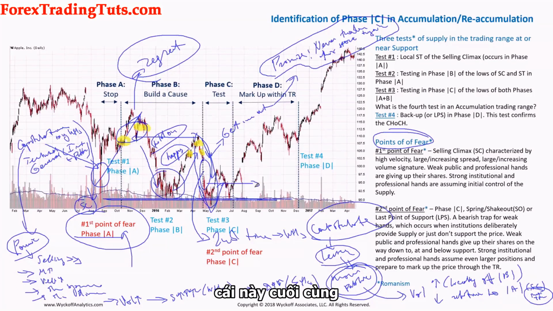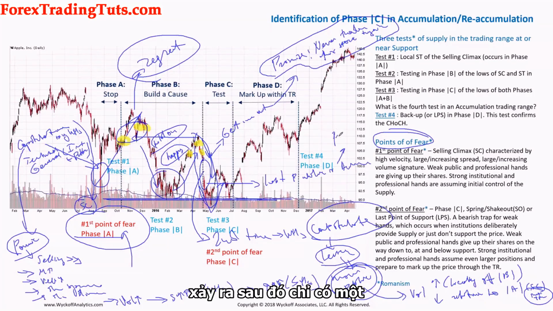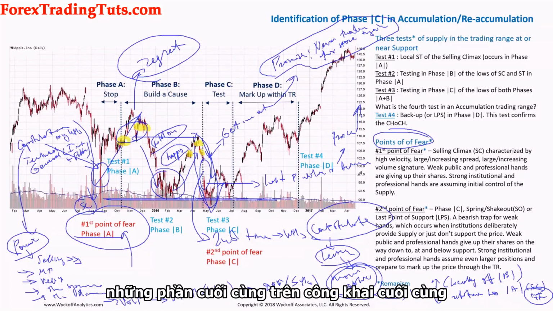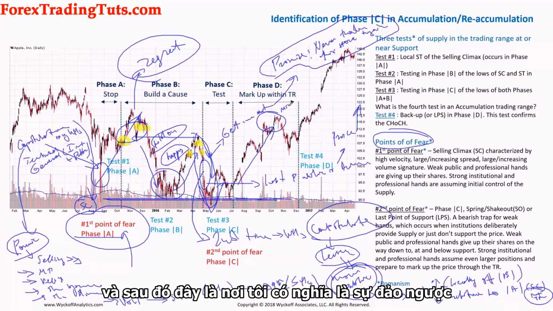Therefore, this last public supply is observed at this level, and what's going to happen after that? There is only one thing: the price will go up. As supply has been observed at the support level, those last pieces of the last public capitulation into phase C, that absorption leads to the rise, to the sign of strength, and then this is where mean reversion trades happen.